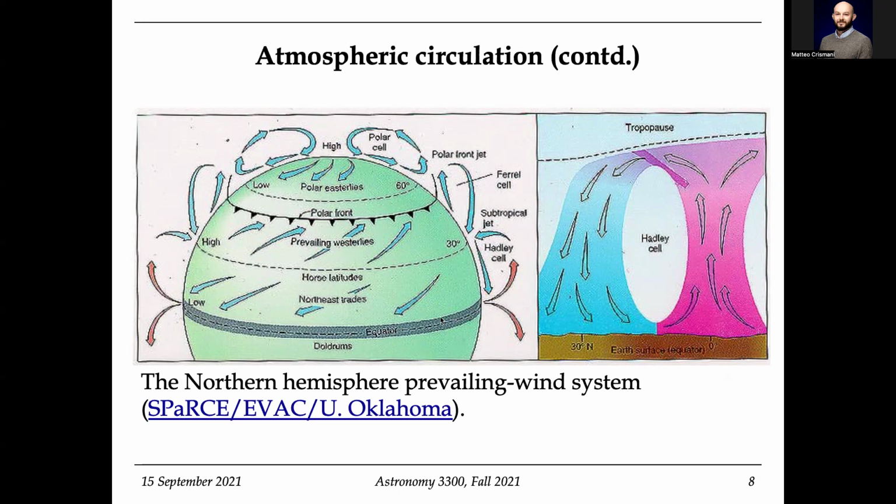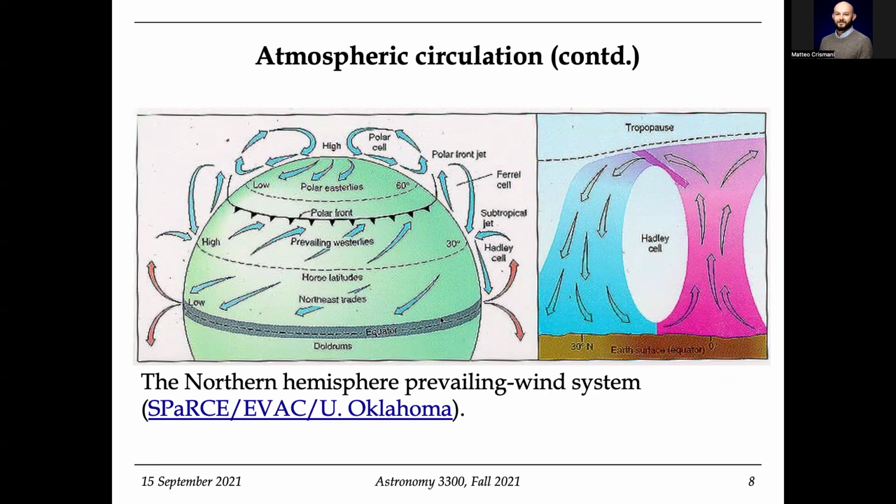So this is the northern hemisphere prevailing wind system. So here is your super high res, really good image. Here's your equator, and there are doldrums at the equator. So you don't want to travel on the equator.